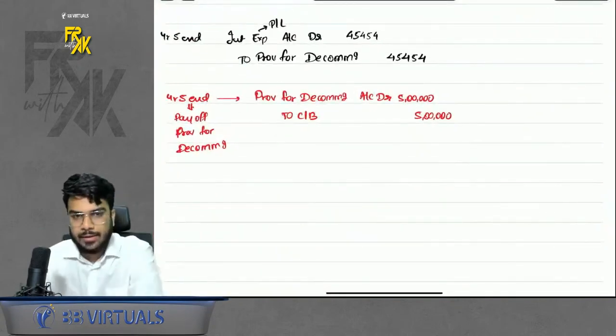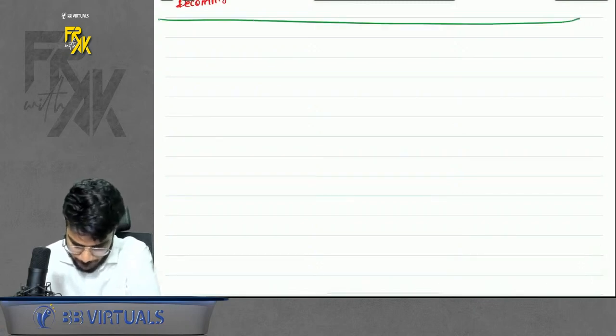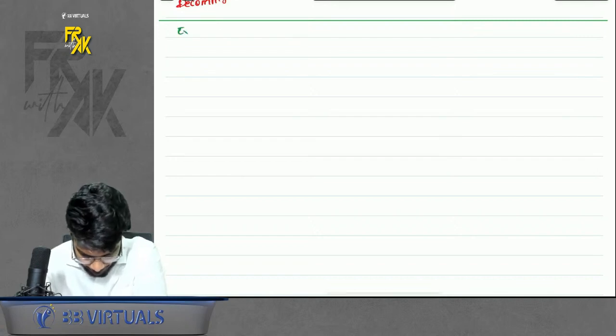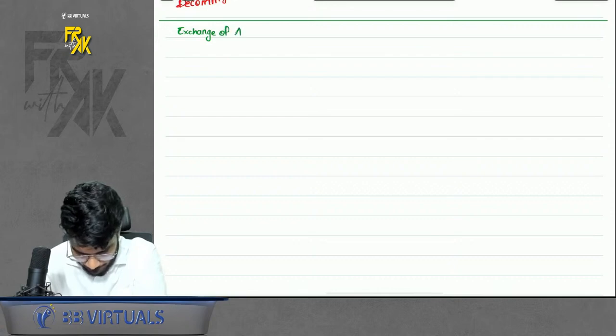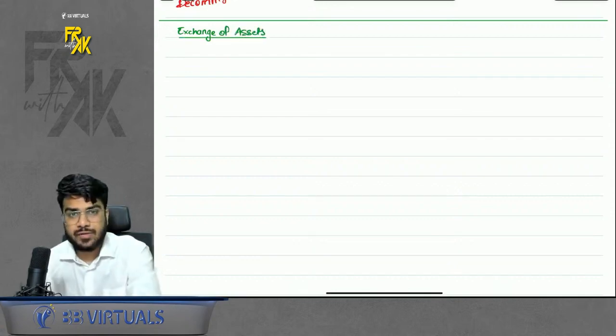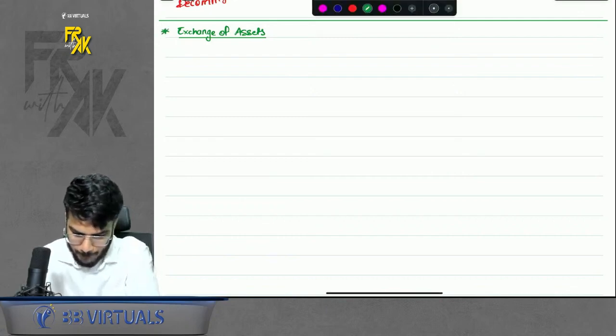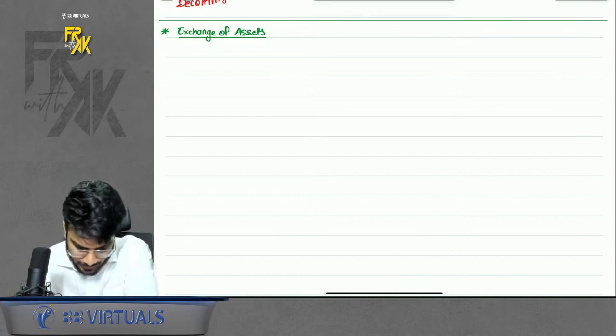So give a new heading in your notes: Exchange of assets. Let's say, for example, there is one company, AK Limited.